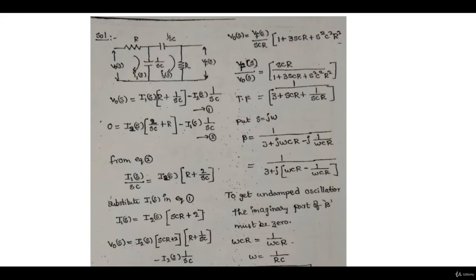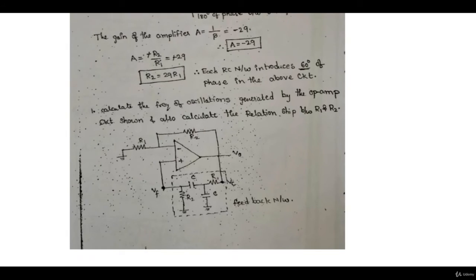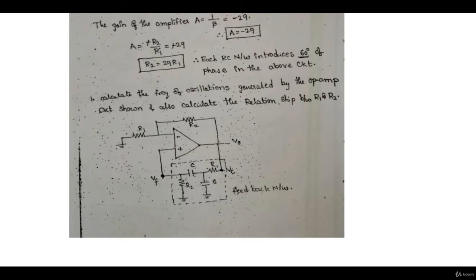So now let's see an example. Okay, so here you can see an example is written down. Calculate the frequency of oscillation generated by the op-amp circuit shown, and also calculate the relationship between R1 and R2.